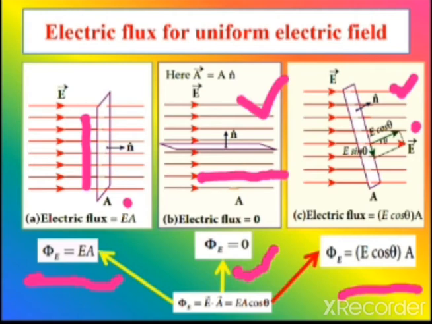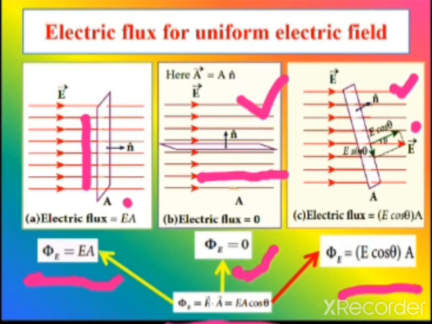So totally we find the value for these three concepts. Consider phi_E equals E vector dot A vector, which is always equal to EA cos theta.